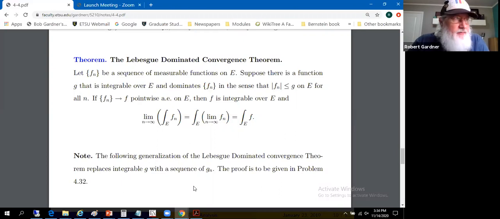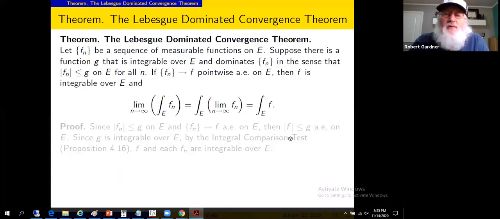We had the monotone convergence theorem for the non-negative functions, and now the Lebesgue dominated convergence theorem. And if we look at some of this Vitali stuff that's in a couple of the sections, then we might see another type of convergence theorem. And there's a generalization of the Lebesgue dominated convergence theorem we'll mention here shortly, but let's go through the proof of this.